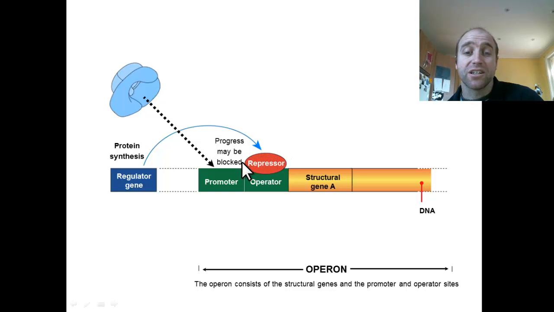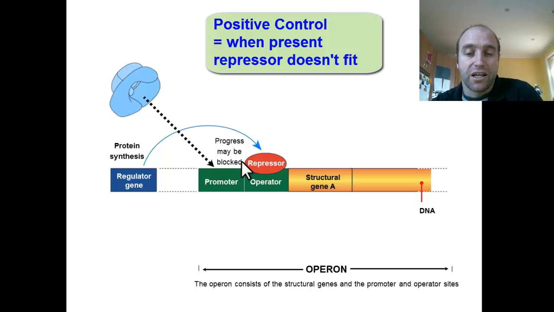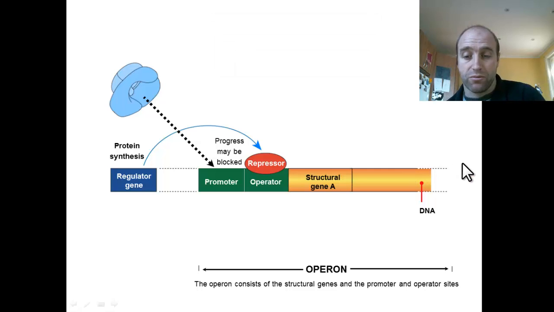It's also worth considering that this repressor protein can be under both positive and negative control. It can be under positive control if a particular chemical is present. It could fit into the repressor protein and change the shape of that repressor protein, meaning that it doesn't fit into the operator gene, which would allow the RNA polymerase to travel along and read the particular genes.